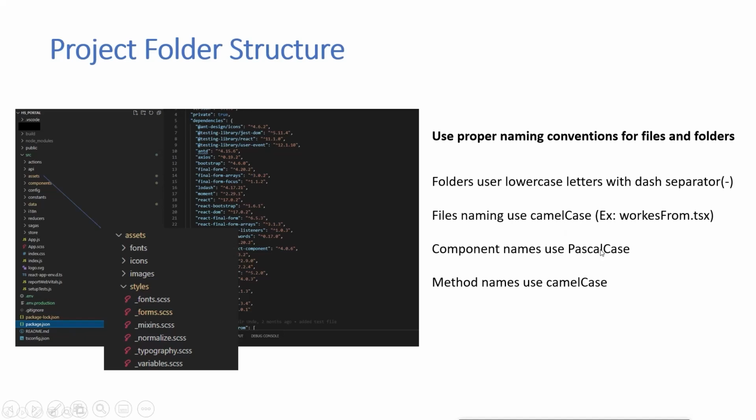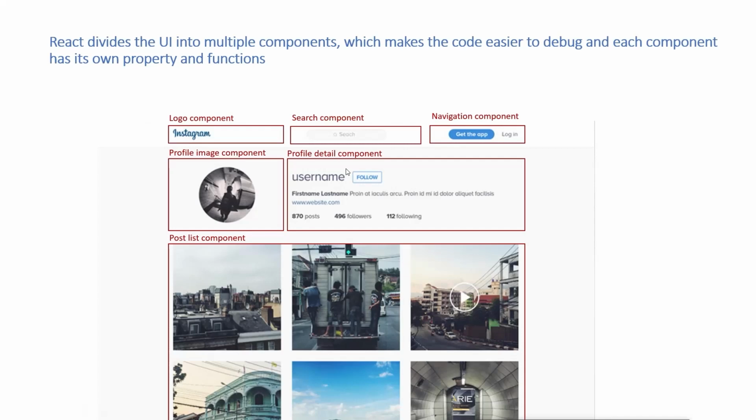Pascal case means it starts with a capital letter, and then the next word also starts with a capital letter. Method names normally use camel case, starting with a small letter again and then a capital. So these are the basics. Before you start a React project, you had better know this basic stuff.